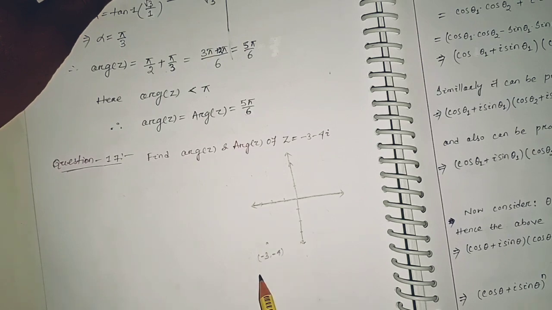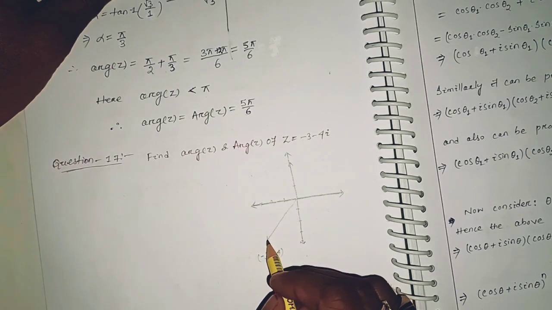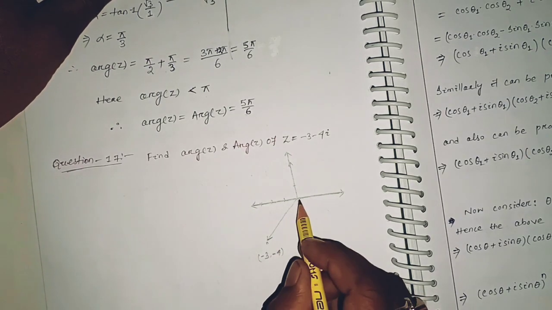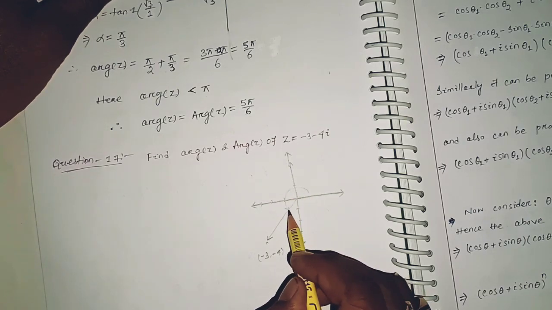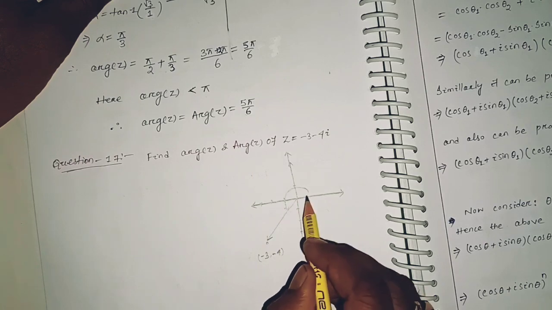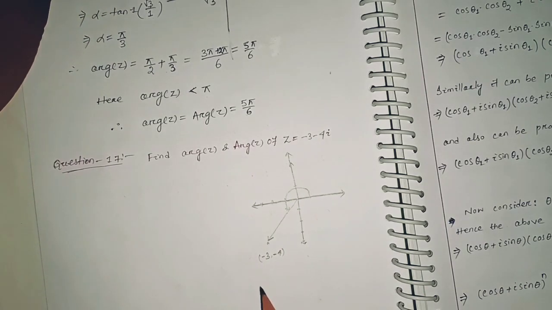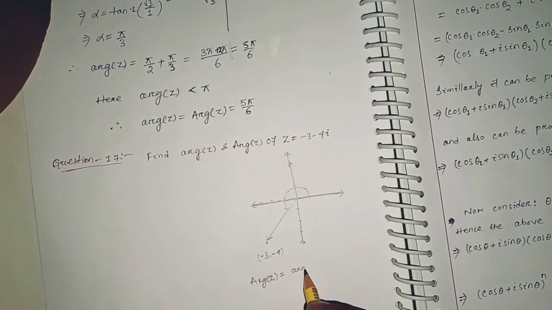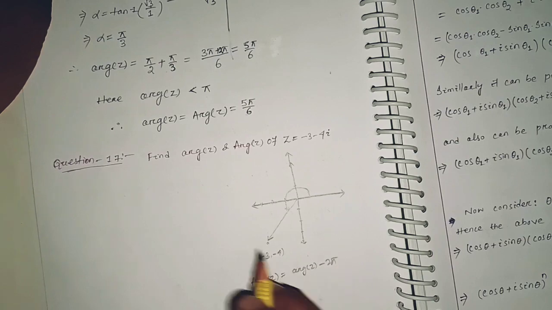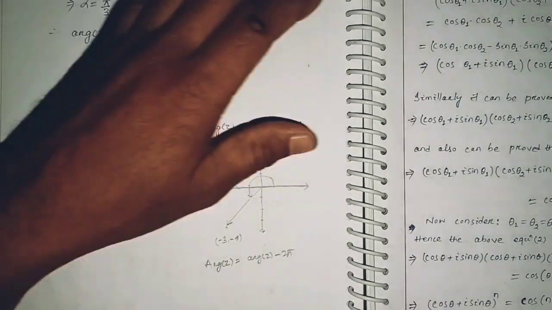This is minus 3 and minus 4, and this is the vectorial representation of the given complex number. So this angle will be the argument, and as it is more than pi, we have to consider that the principal argument will be equal to the argument of z minus 2 pi. Do it by yourself. This question I leave for you.